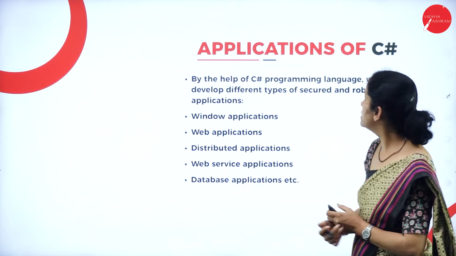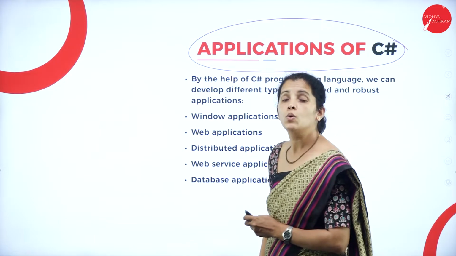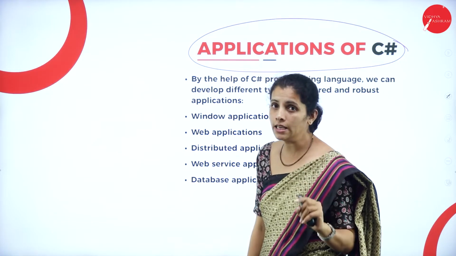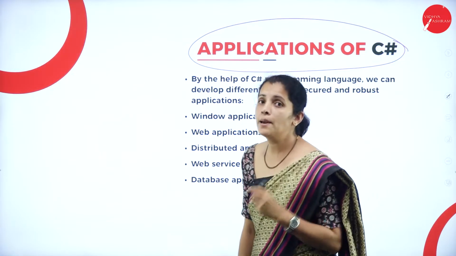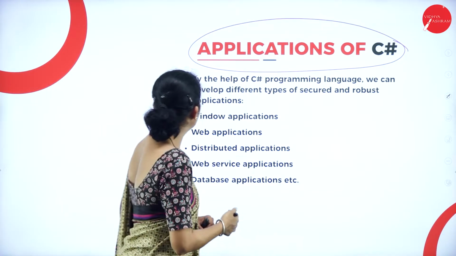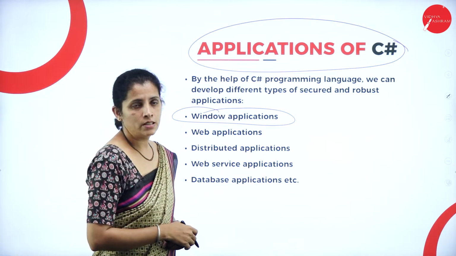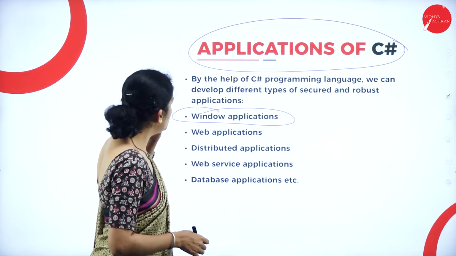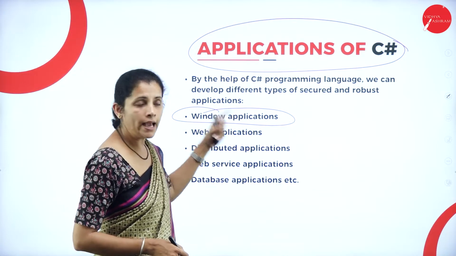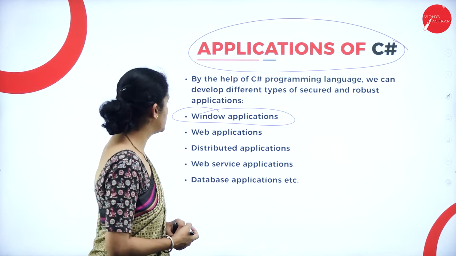Now, I'm going to cover the applications of C#. What is the meaning of applications of C#? That is nothing but where I can use C# programming. Here it's mainly used to design all kinds of Windows applications. Whenever I want to develop any Windows application, I'm going to choose this programming language.